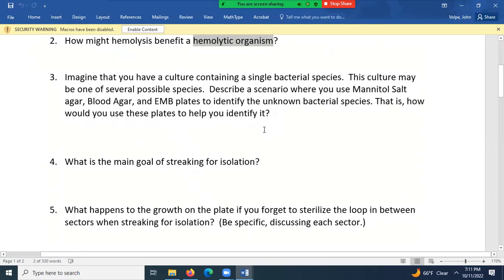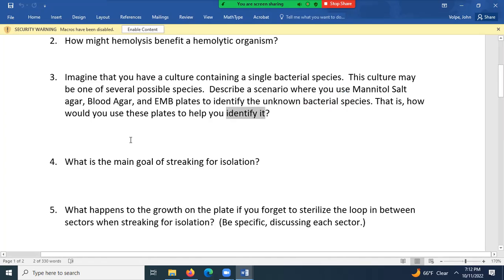You should discuss two properties of each plate, like mannitol salt agar and blood agar, that you can use to help identify the bacteria. If you have less than two, you'll only get a partially correct answer. Any question about that?